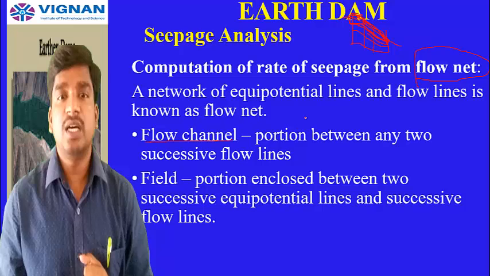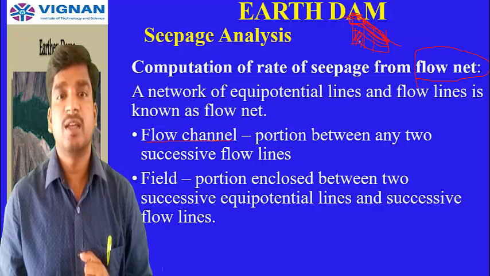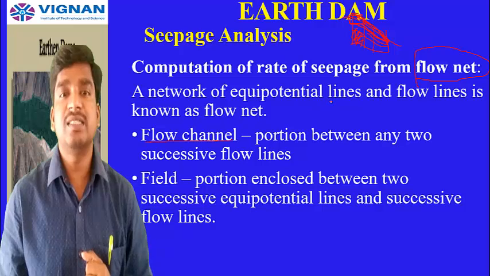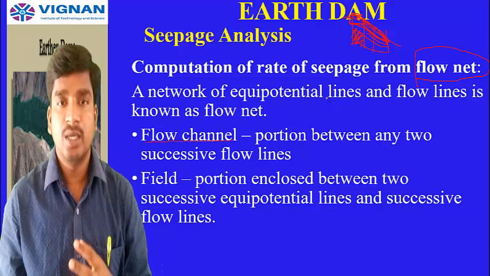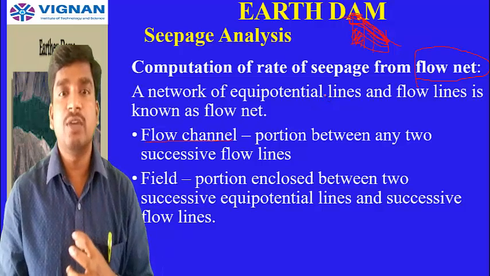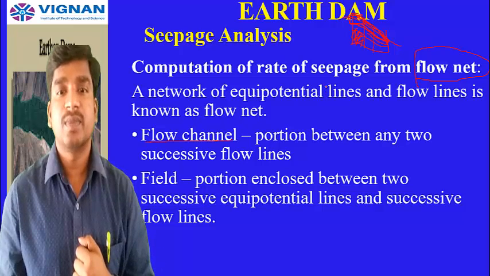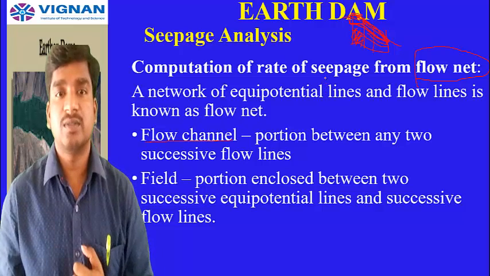Okay. Now coming to the rectangular box, this hatched portion, this is called your field. What is the meaning of field? Field is the portion enclosed between two successive equipotential lines and successive flow lines. So this is your field.